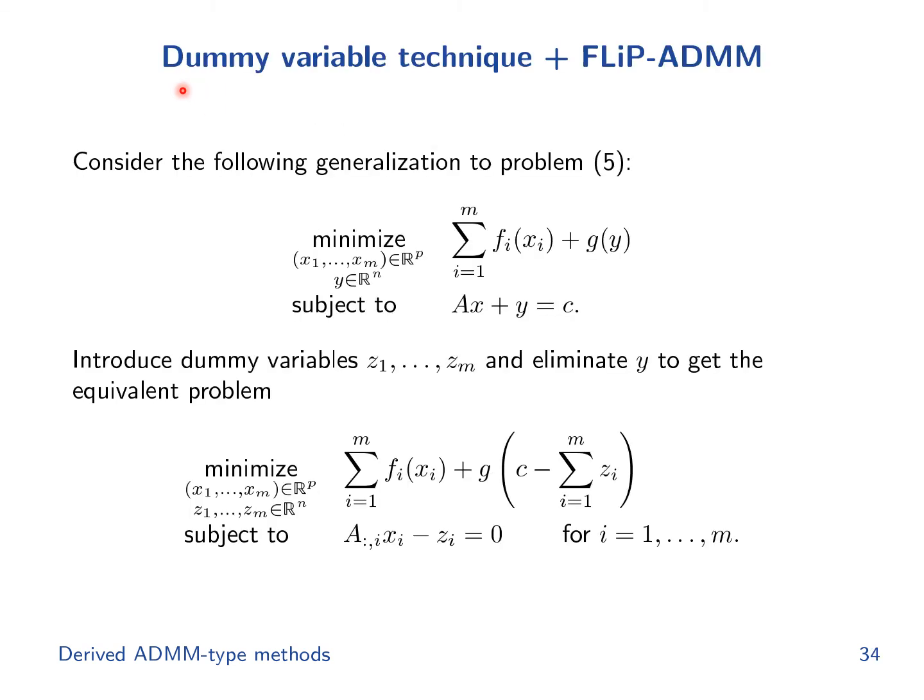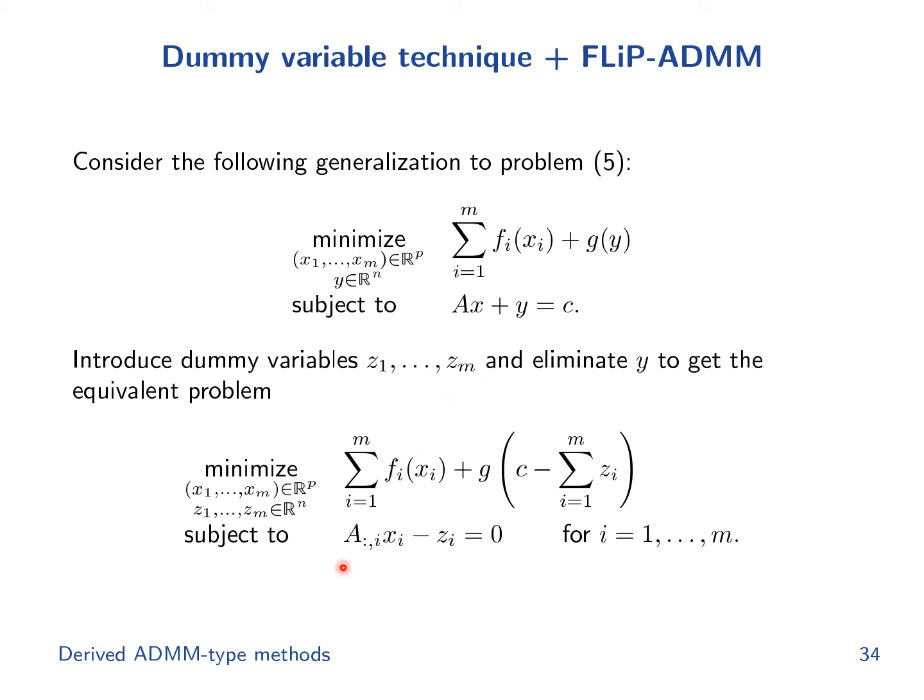The second technique we introduce to obtain independent x_i updates is called the dummy variable technique. This technique can be applied to a slightly more general problem. The form has an additional function g of y, where g is CCP. If g is the indicator function of the origin, then it forces y to 0, and this formulation is equivalent to problem 5.